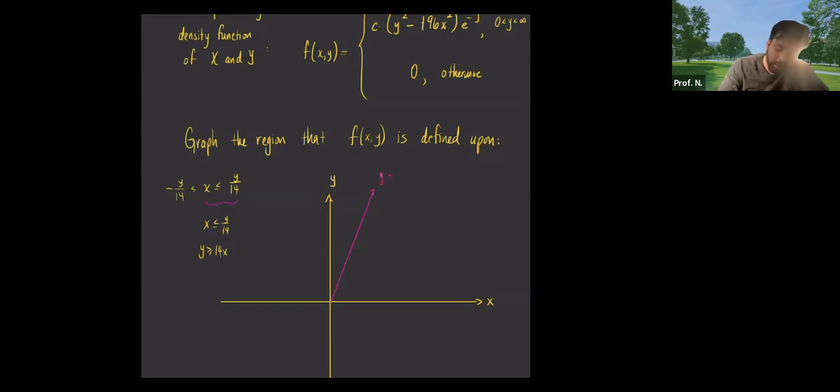Y equals 14x. But it says y is bigger. So if y is bigger, then I'm shading above, right?